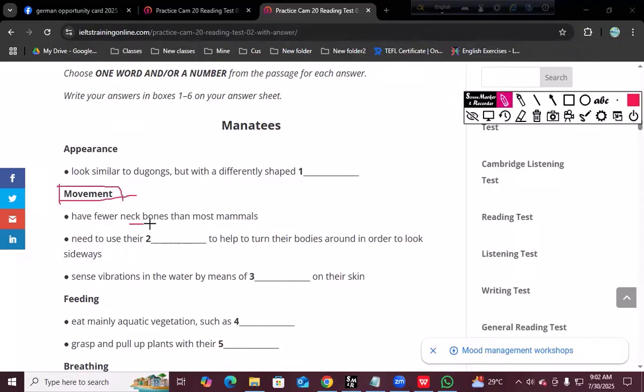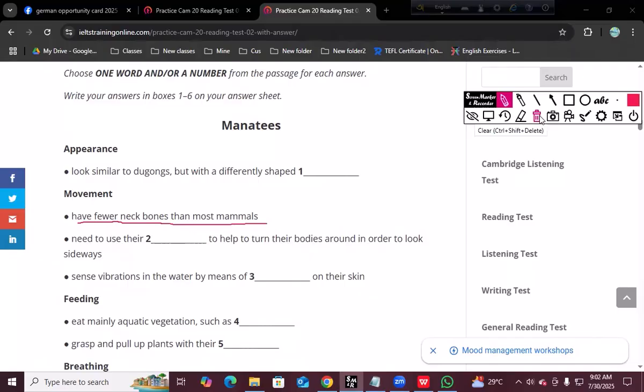Have fewer neck bones than most mammals, need to use their dash to help to turn their bodies around in order to look sideways. Okay, so what could be the keywords?